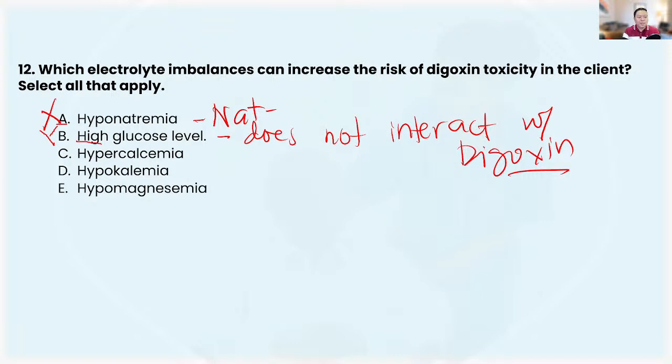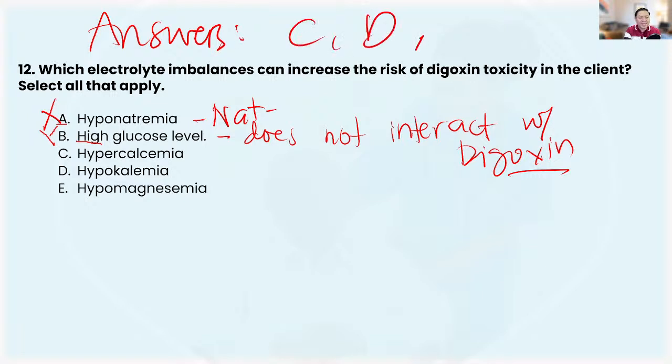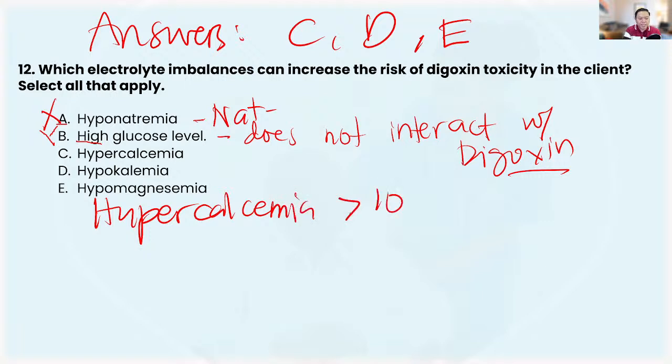Now, what about letter C? Why is letter C going to be one of the correct answers? So the correct answers here are letter C, D, and E. But why hypercalcemia? Anything greater than 10.5 milligrams per dL can predispose the patient to developing the digoxin toxicity.